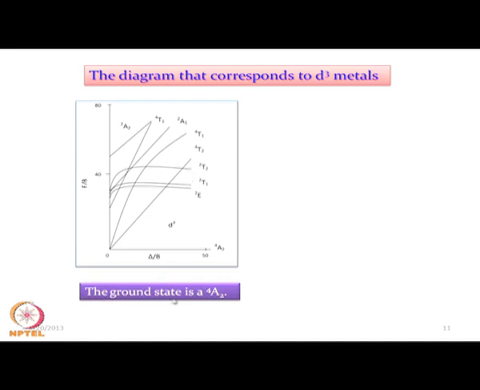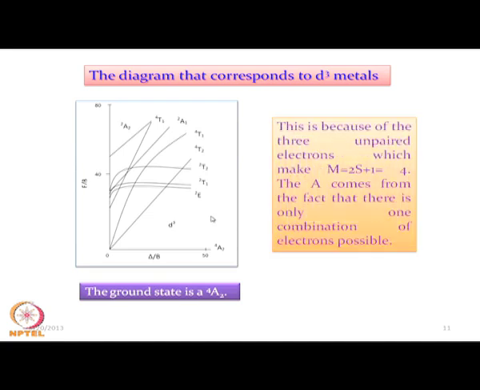So, this is the state where we have the ground state 4A2. For any d3 metal ion, it can be chromium 3 plus, we have the corresponding ground state term as 4A2, and from 4A2 we will find all the other corresponding transitions.